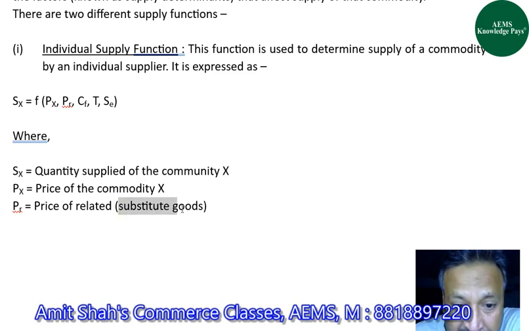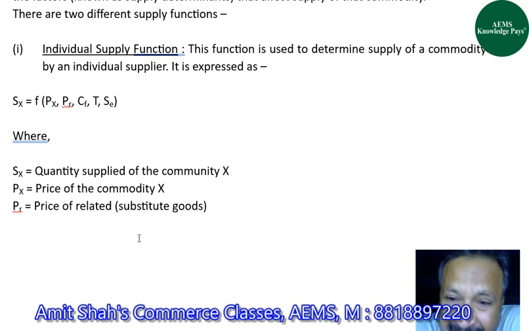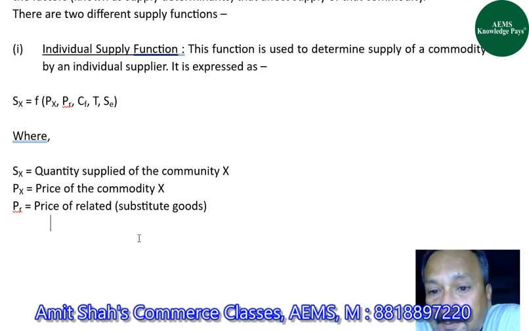But here the definition of substitute goods for a supplier is different. Substitute goods are those which can be produced or supplied by a supplier using the same factors of production. So, whatsoever factors of production I have with me, whether it is land, labor, capital, or entrepreneurship, using those same factors only, if I can produce X as well as Y, then X and Y are substitutes to me.